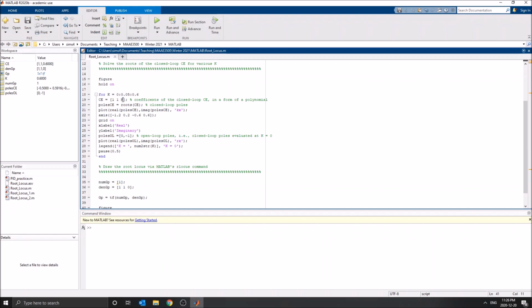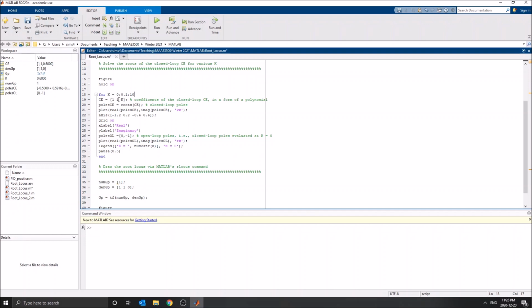Okay. So first I'm going to change a little bit my increment for my gain value that I want to look at. I'm going to go from 0 this time all the way to 10 so that we can see some interesting behavior of the root locus. We have to go all the way to 10 in that case.